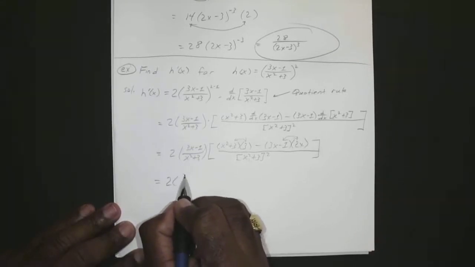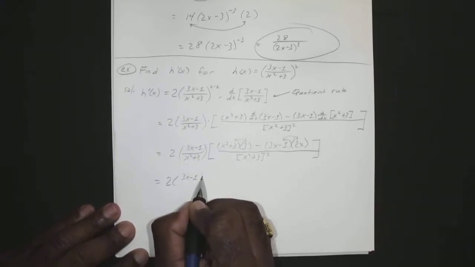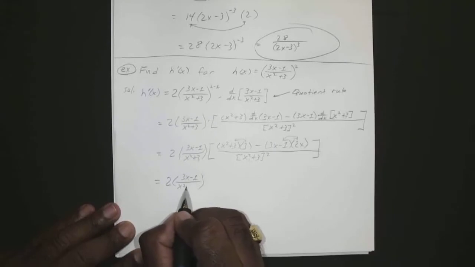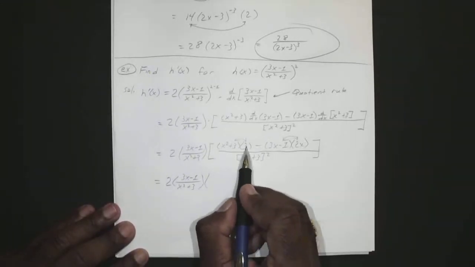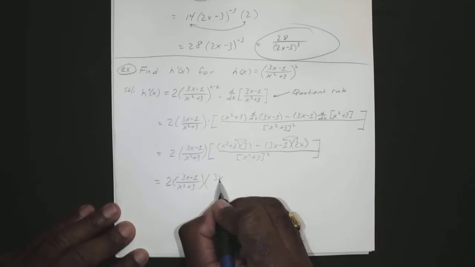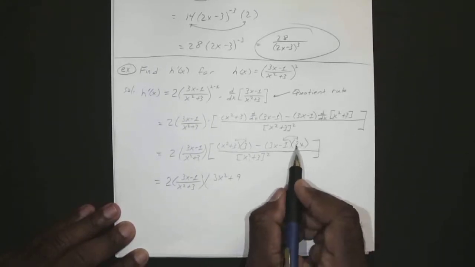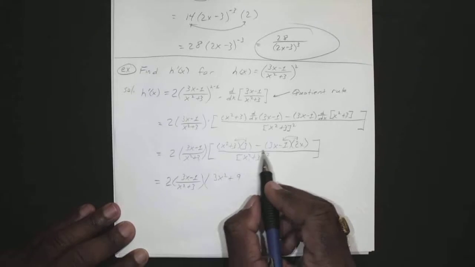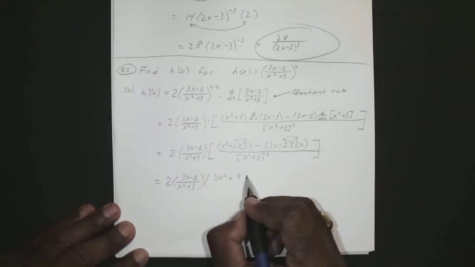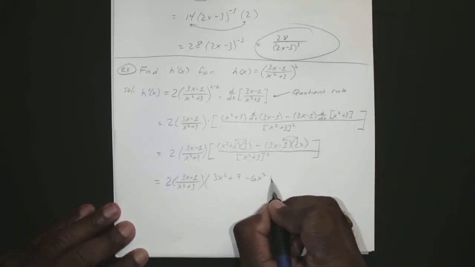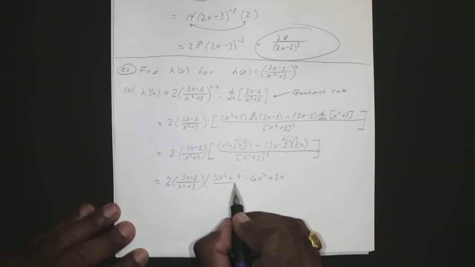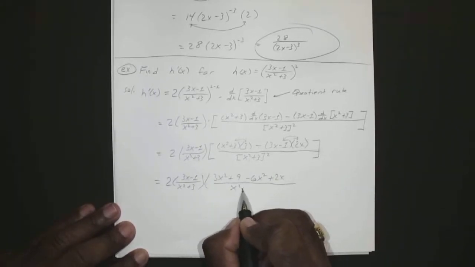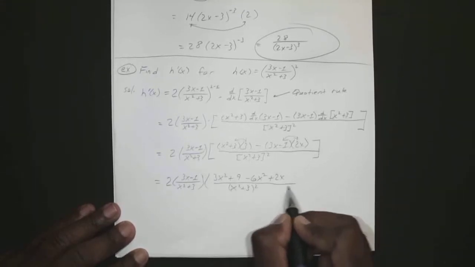So 2 times (3x minus 1) over (x squared plus 3) times 3x squared plus 9 minus 6x plus 2x, 6x squared plus 2x. Because you have a negative, negatives become positive. Over (x squared plus 3) squared.